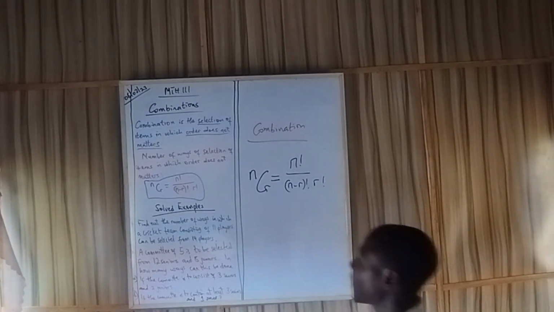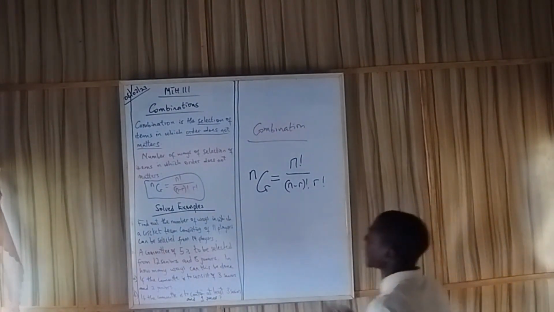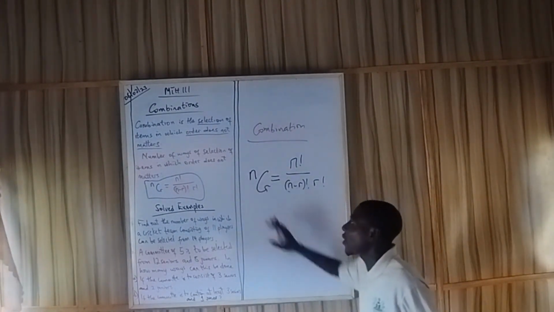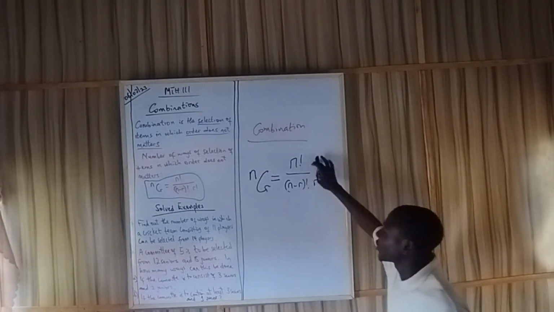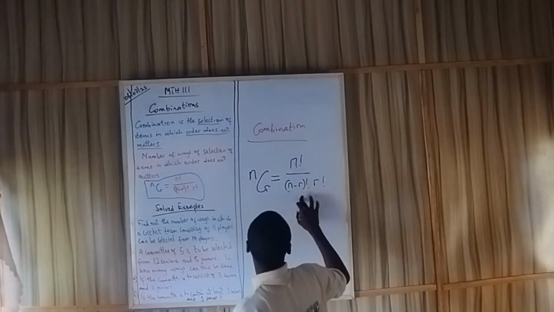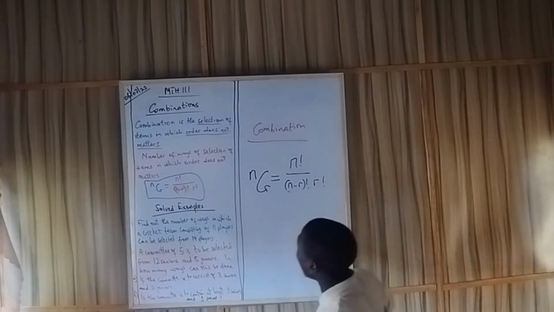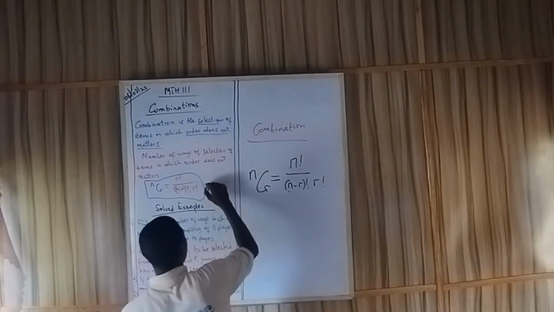That is the formula. If you are having n objects and you are selecting R out of that n, the solution will give you n factorial over (n minus R) factorial times R factorial.